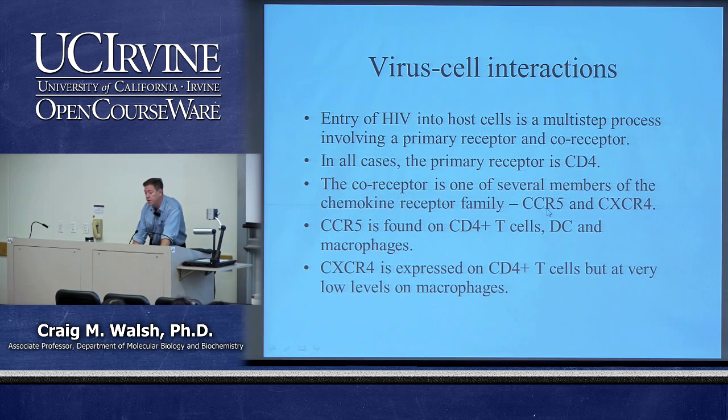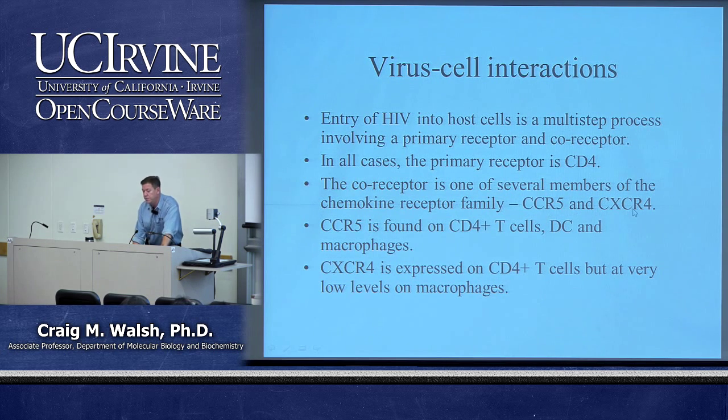In this case, the co-receptor is either CCR5 or CXCR4, which are both chemokine receptors. CCR5 is normally expressed on CD4 cells, dendritic cells, and macrophages. CXCR4 is expressed on CD4 T cells, but you don't find it on macrophages. So that tends to favor infection of these CD4 cells.